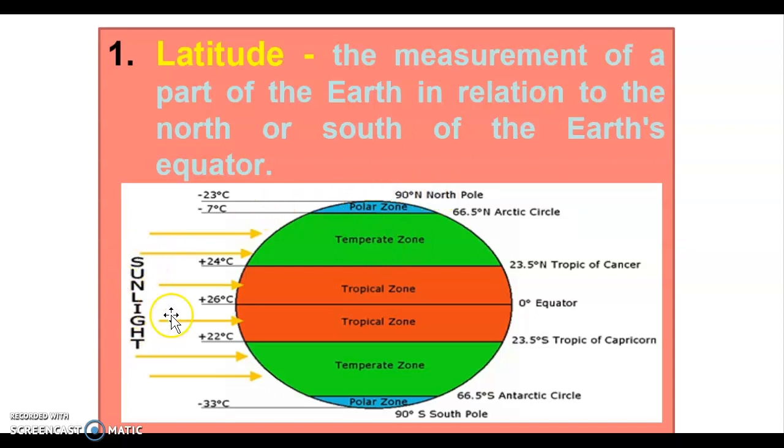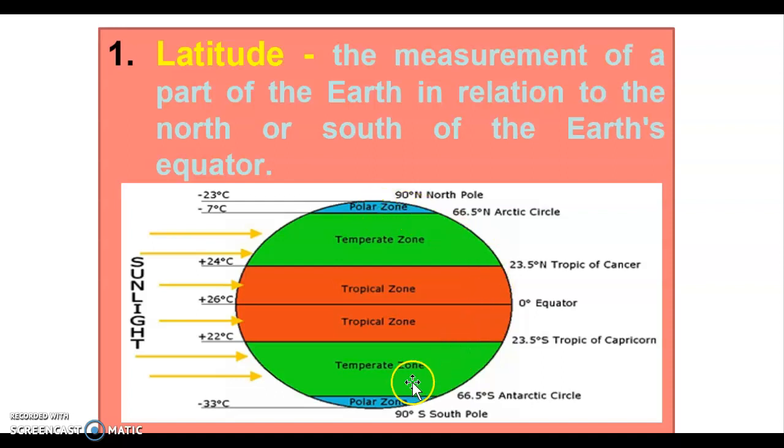If this is the sunlight here, you will notice that this area, especially the red one, which we call the tropical zone, receives sunlight all year long, whereas the temperate zone will receive just enough sunlight, while the polar zone will receive less to no sunlight.